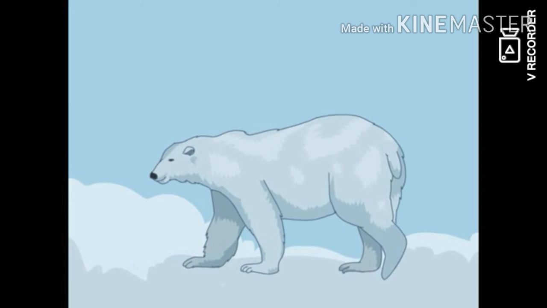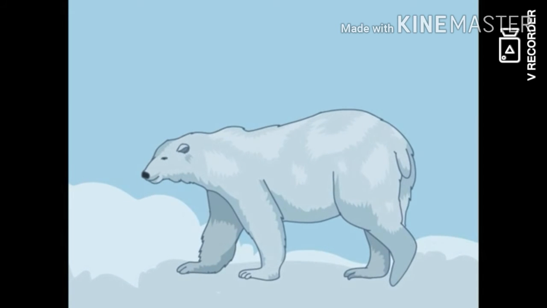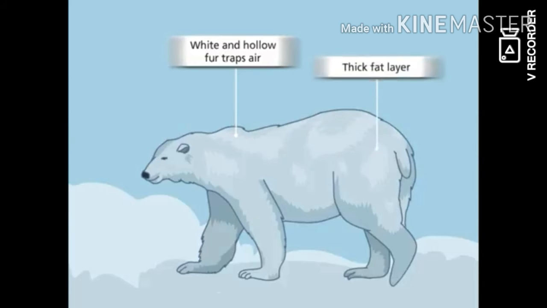Polar bears. How are polar bears adapted to live in their surroundings or environment? They are protected from heat and cold with the help of white, hollow fur that traps air. They have a thick fat layer under their skin which helps keep them warm. They have long stiff hair between the pads.